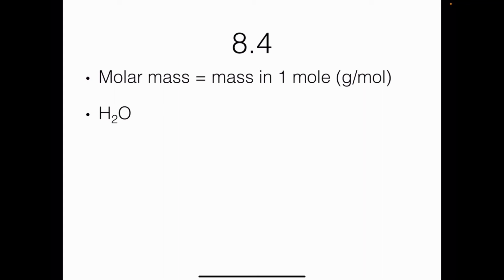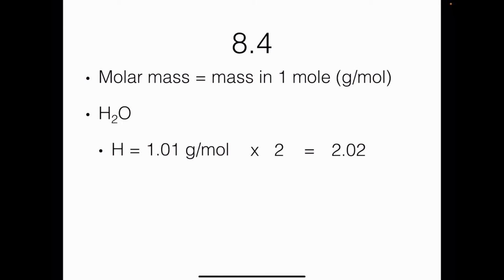Now, here we are looking at how to calculate molar mass for a compound. We know the molar mass of an individual hydrogen atom, and we know the molar mass of an individual oxygen atom. What we want to look at here is how to transform that into what molar mass would look like for a compound. And it is just as simple as adding them together, and that's it.